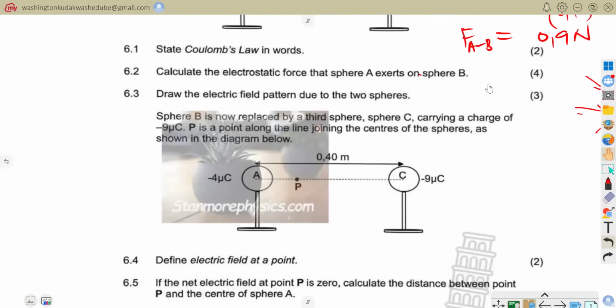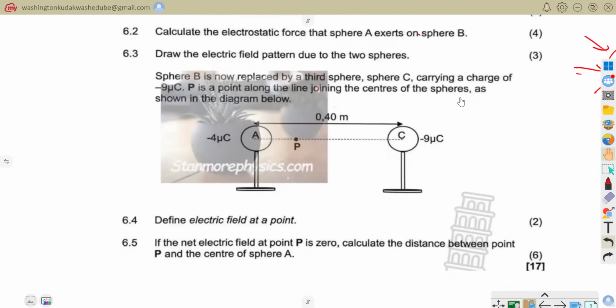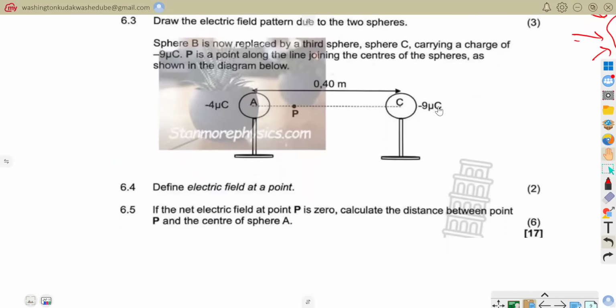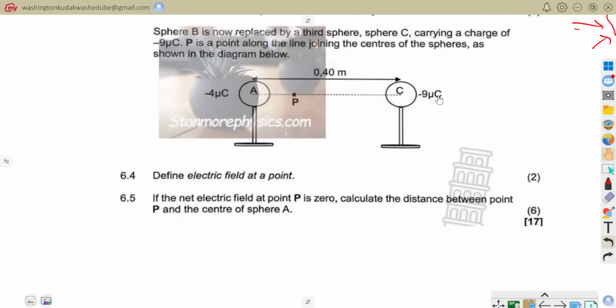Now, if that is the case, now they are saying sphere B is now replaced by a third sphere C, as it is shown there, carrying a charge of negative 9 microcoulombs. P, this one is a point charge along that line joining the centers of the spheres as shown in the diagram.